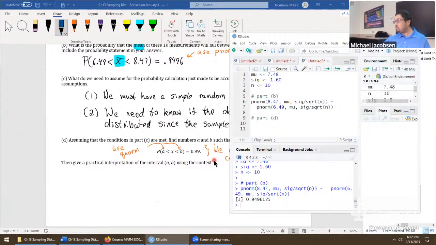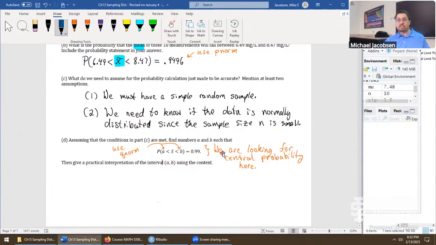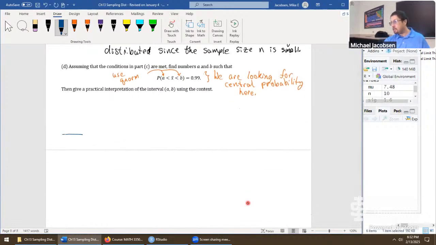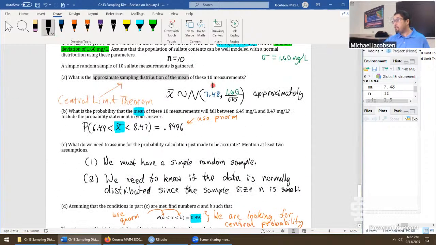Maybe before we use q-norm twice, let's put down an extra graph just to organize this. We need some extra space, I'm thinking. Curve going this way. This is a probability of 0.99 that we're working with, and in the center, 7.48.